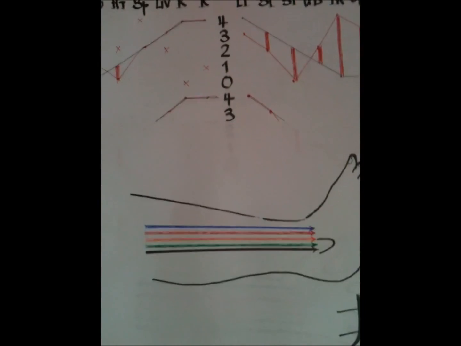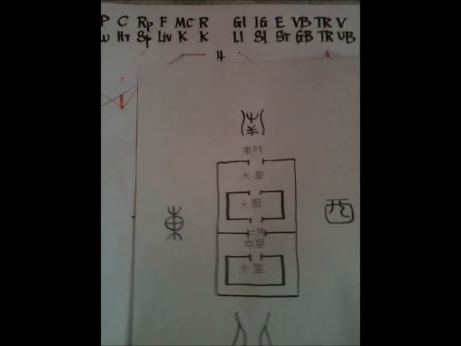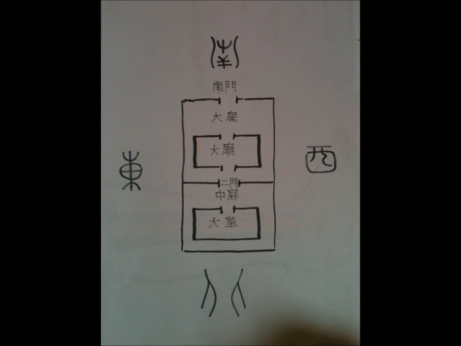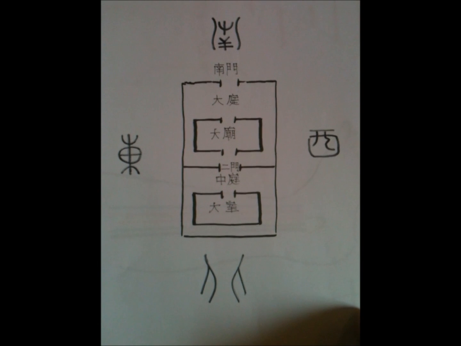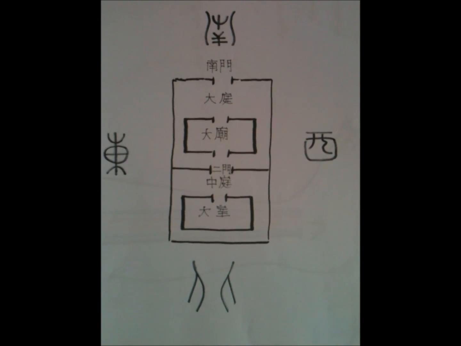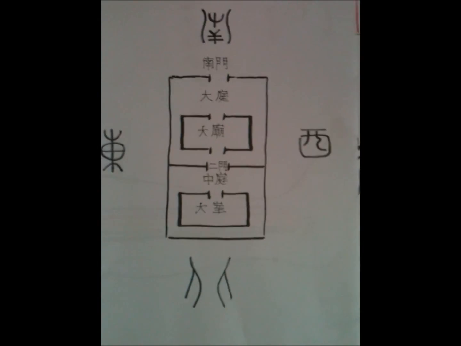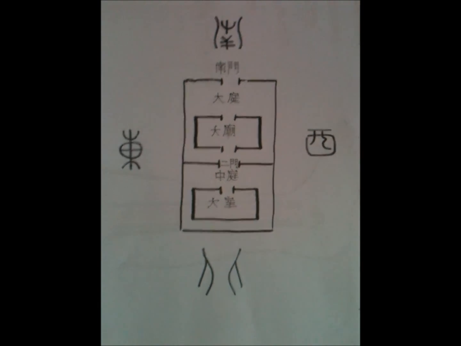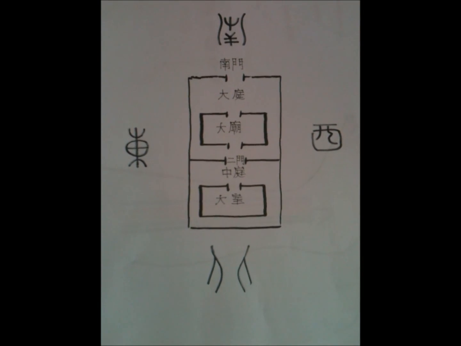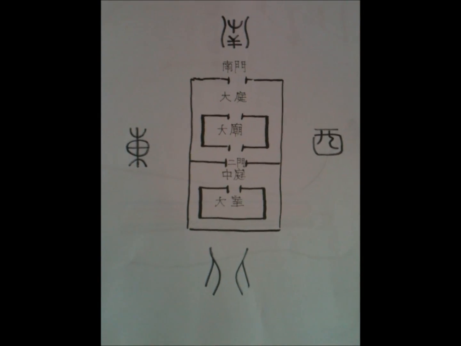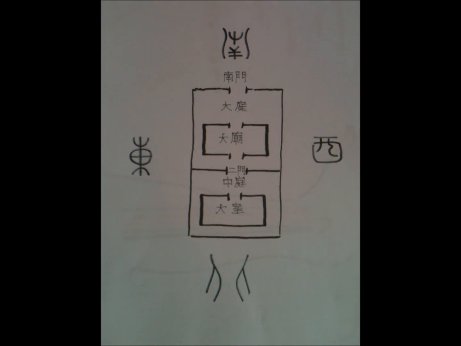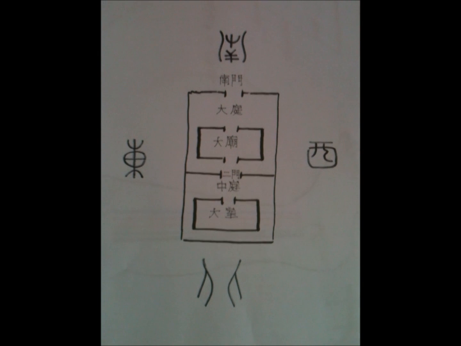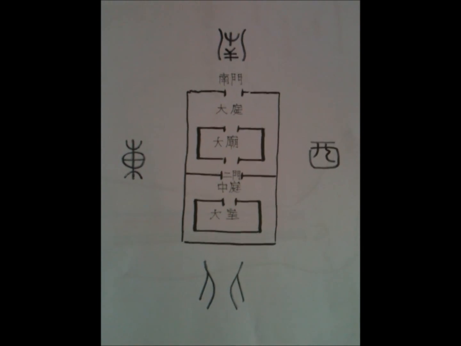So first of all, we will check the plan of the king's palace of one of the Zhou dynasty, where we can see the important directions.